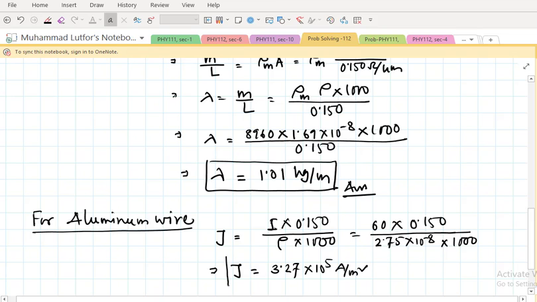So this will be the current density for this aluminum wire. Fine. So this is the answer.